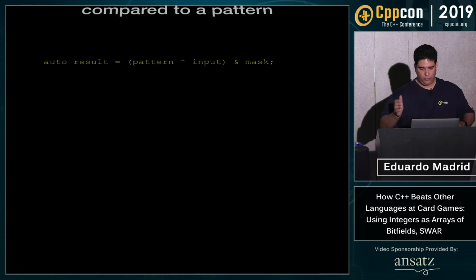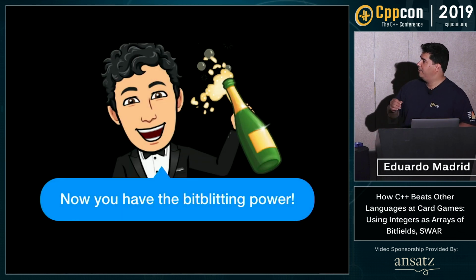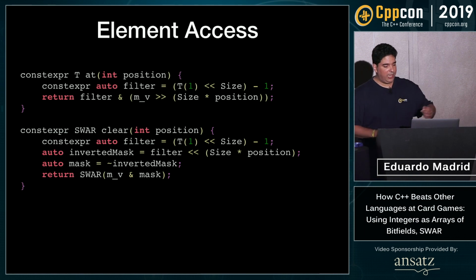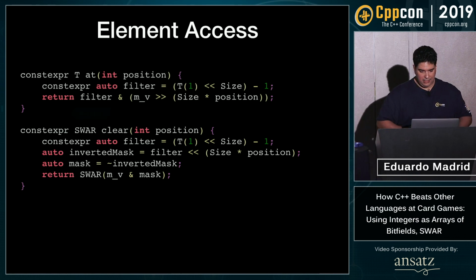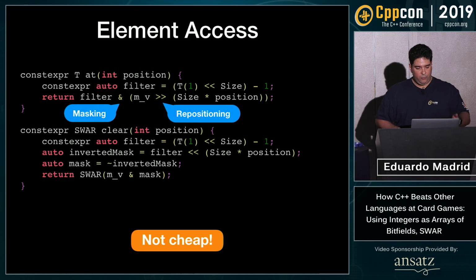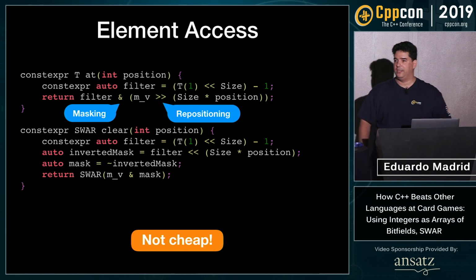Okay, guess what? We have acquired the powers of bit splitting. So now we can do the element access, and it's very simple. We use the masking that we have been talking about, and the repositioning, we just use the shift.